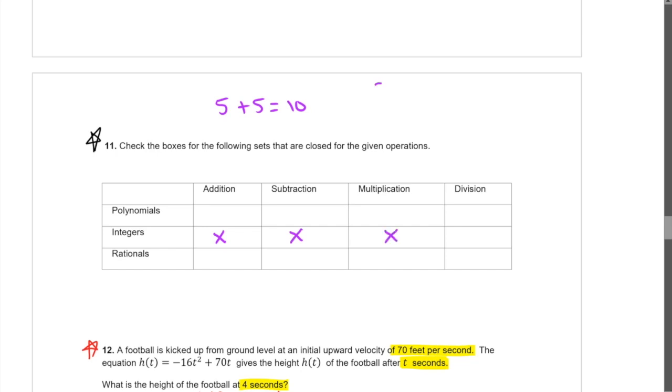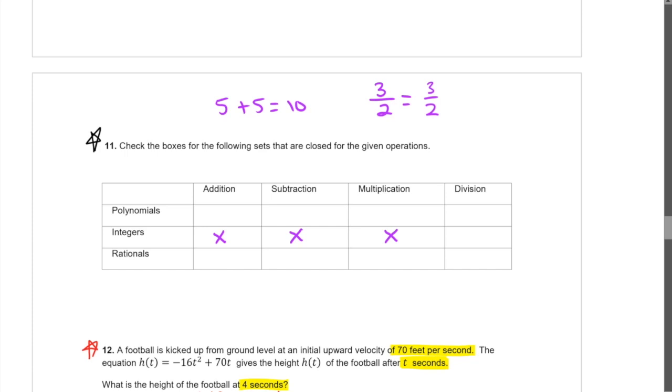If I do 3 divided by 2, does that go in evenly? No, it doesn't. So if I do 3 divided by 2, it leaves me with a fraction, and a fraction is not an integer. So it is not closed under division. All that integers are closed under is addition, subtraction, and multiplication, not division.